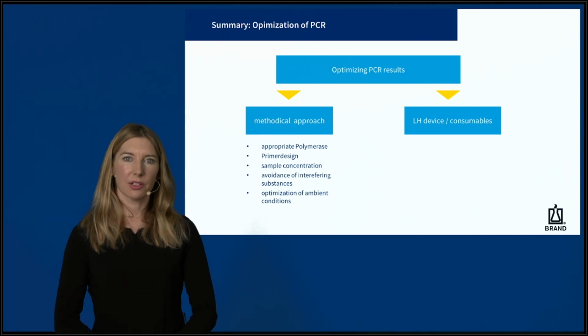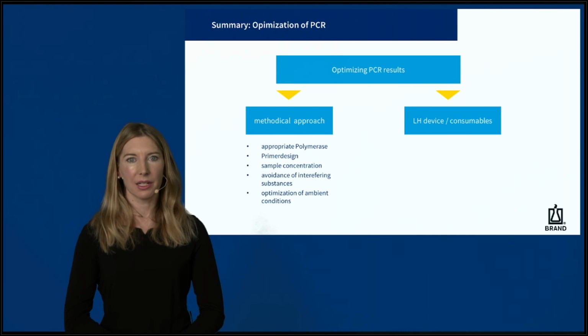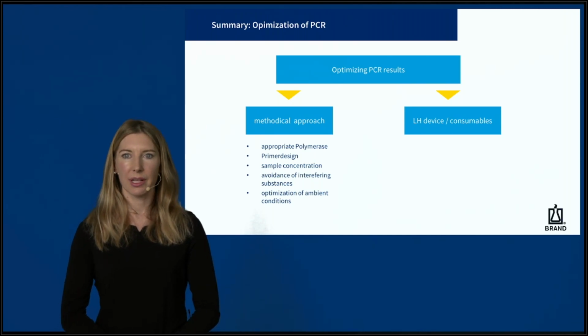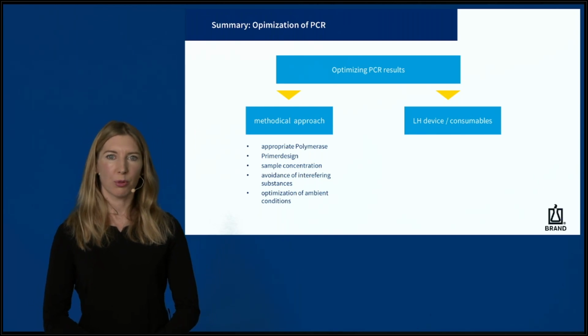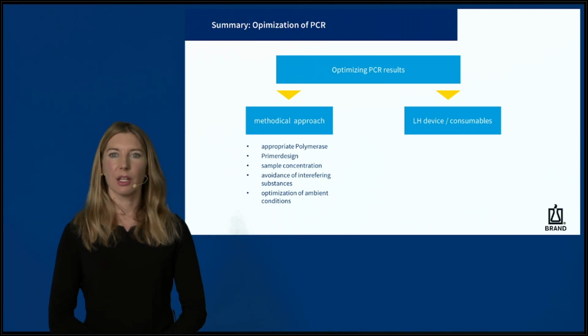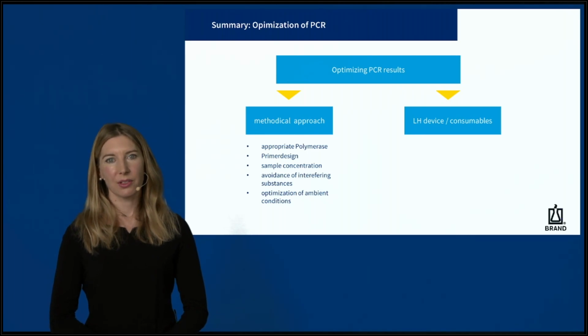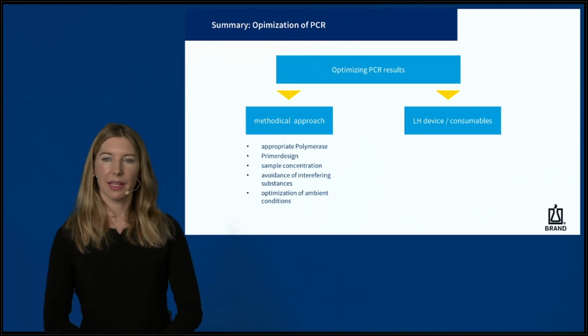The optimization of the methodological approach often requires profound scientific background knowledge and includes aspects such as the selection of a suitable polymerase, the correct primer design, the adjustment of substrate and product concentrations, the avoidance of interfering substances, the control of environmental conditions, and, of course, the optimal PCR program. But these factors must be taken into account in advance when establishing the method.